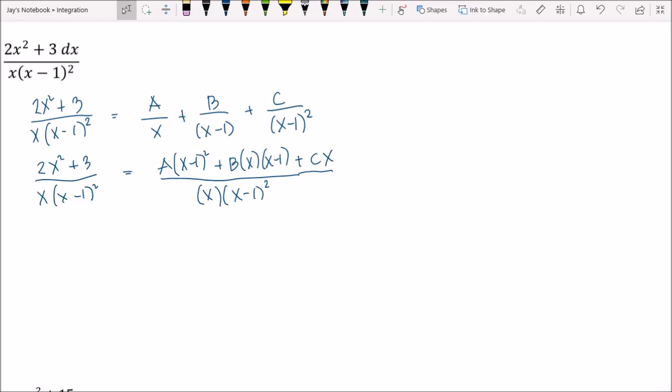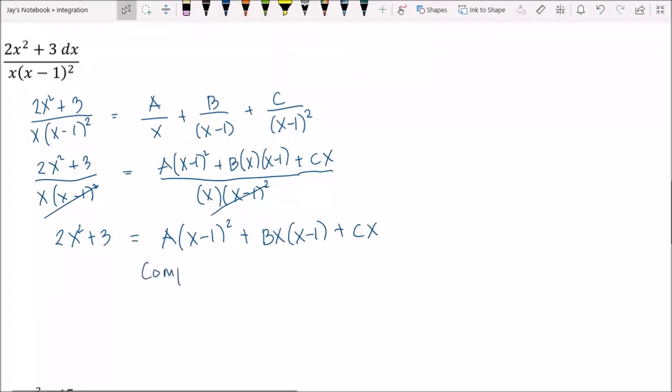So after this, if we cross multiply, we can cancel out the denominator. The remaining would be 2x squared plus 3 is equal to A times (x minus 1) squared plus Bx times (x minus 1) plus Cx. So now, compute for A, B, and C. How are you going to determine A, B, and C?